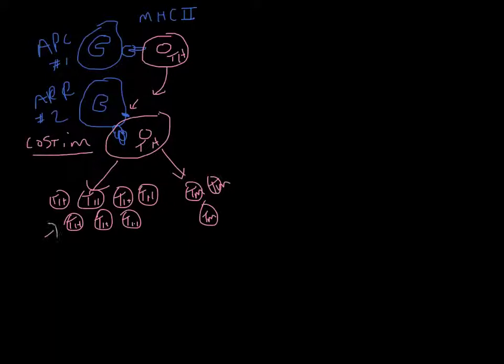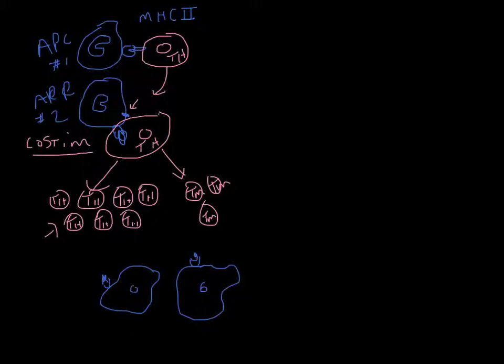All right, so we've got these activated helper Ts, and what's going to happen is they're going to go out, and there are going to be all these APCs out here that are displaying that same antigen. Lots and lots of APCs. Again, they've all got the same antigen displayed.